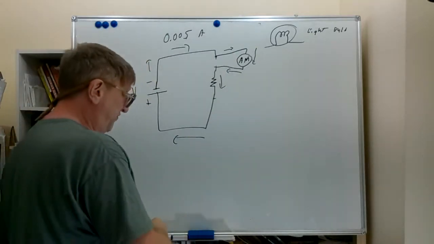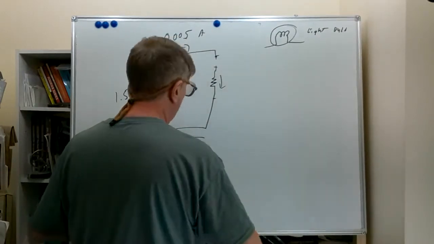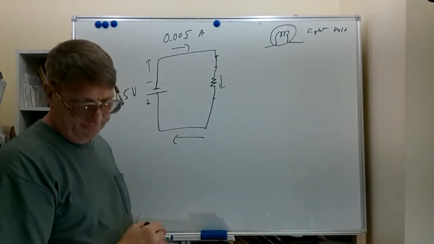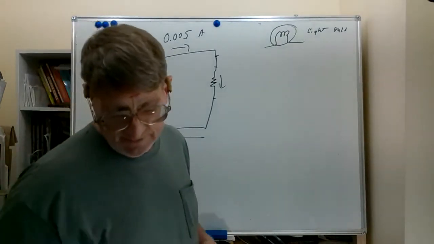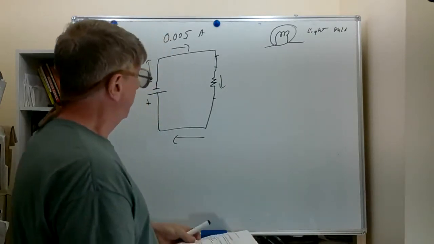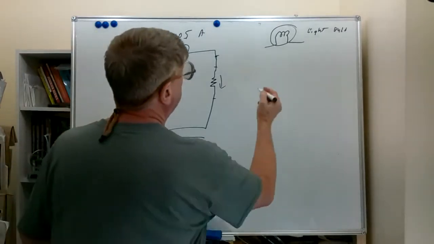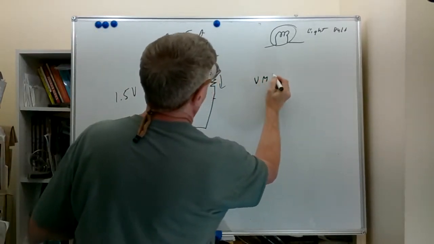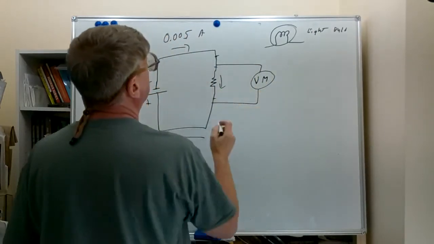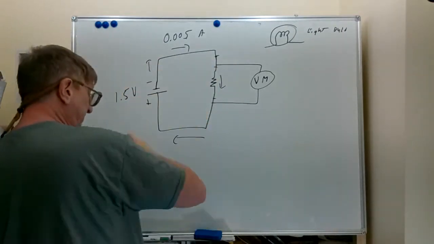Whereas you saw with the voltmeter, we just put it wherever we wanted to read the voltage. We didn't have to change the circuit any. When we put a voltmeter on there and measured the voltage here, or from here to here, the potential difference, we saw the same as the battery.